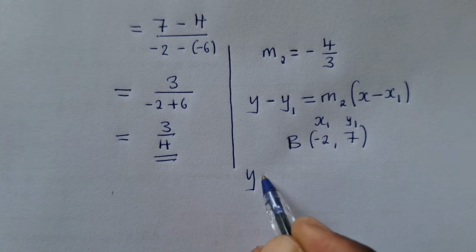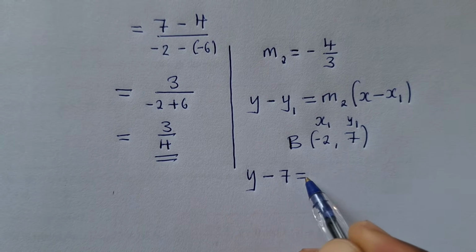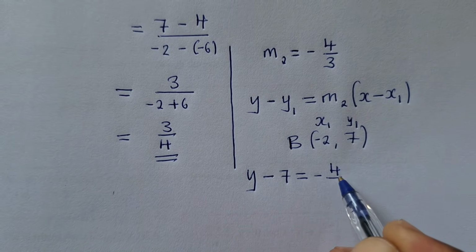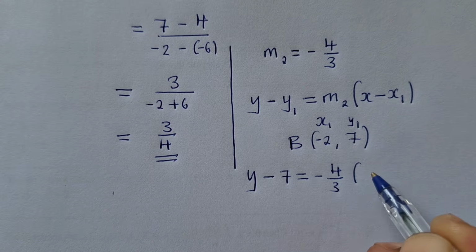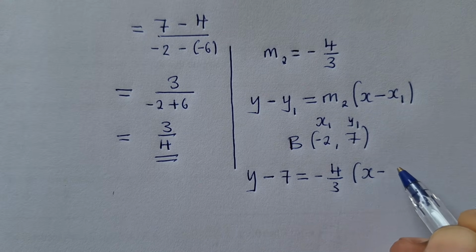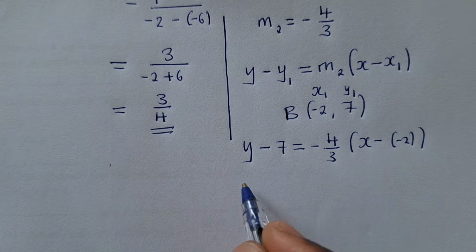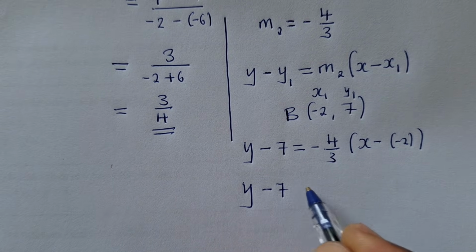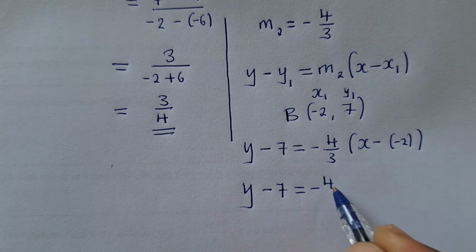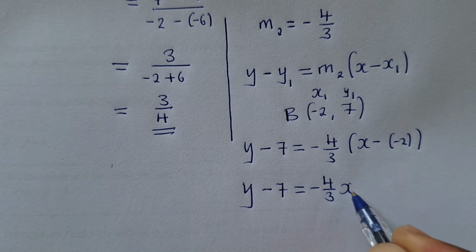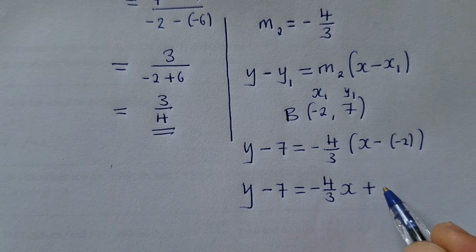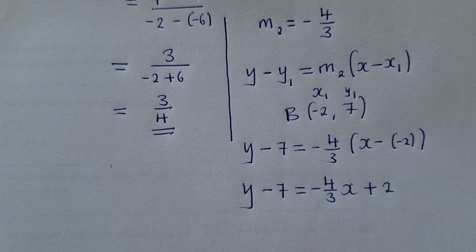So substitute in the formula. This is what you're getting right over here. This is what we are getting. So we simplify this. This is what we shall get right over here. Okay.